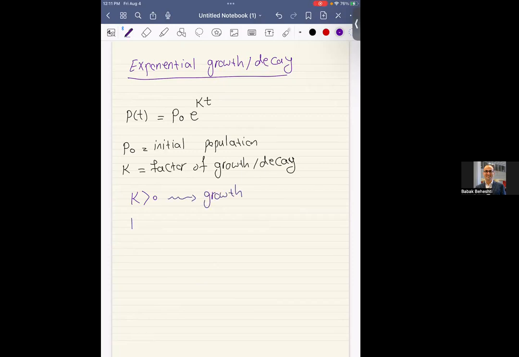If k is negative, then you have decay. Okay. Let me give you an example.